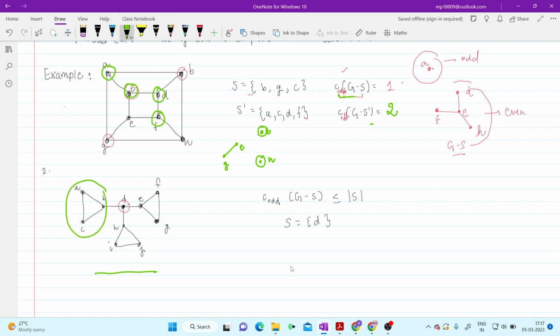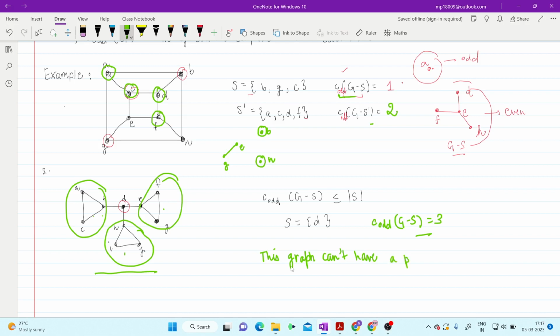We have this, and we have this, and all these connected components are odd. So we see that c_odd(G − S) is equal to 3. Therefore, this graph cannot have a perfect matching.